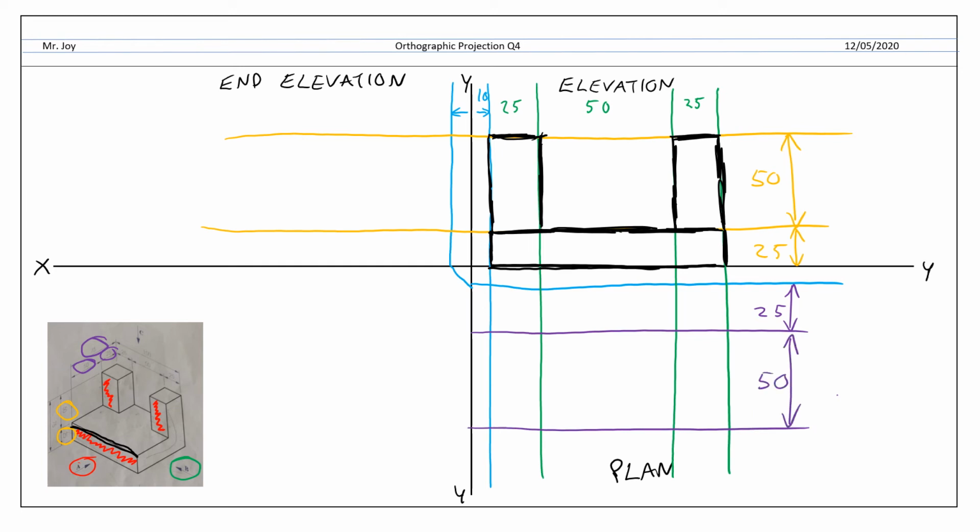So 50 from the 25 line. And that then is our plan complete, and we can start to heavy in our plan. I'm just going to get, yeah, there you go. The black pin is representative of the heavy finished line all the way around the rectangle.